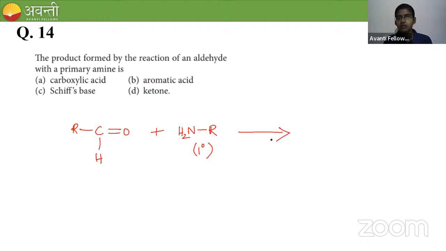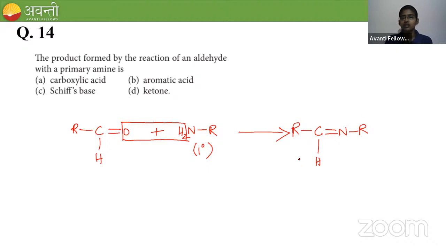You might have come across this reaction in nucleophilic addition. Finally we remove this H2O and we get a final product like this, RCH=NR. So what is the name of this compound?